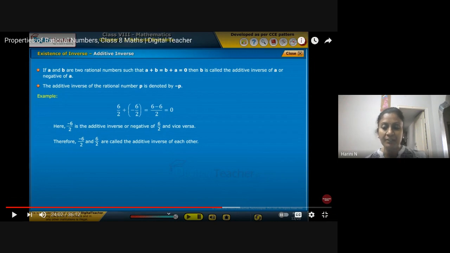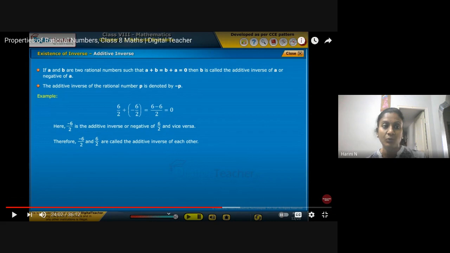If it is a positive rational, you just change the sign to make it a negative rational. If the given rational is negative, you simply change it to a positive rational. So a positive rational will have a negative rational as its additive inverse, and a negative rational will have a positive rational as its additive inverse, right? So that is what you mean by additive inverse.